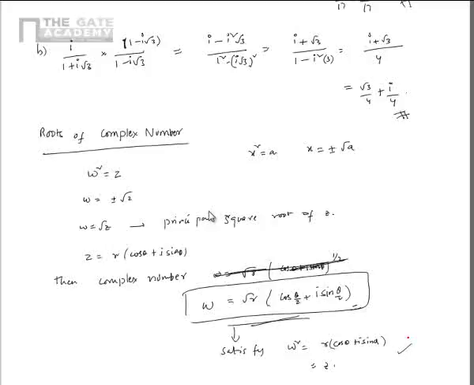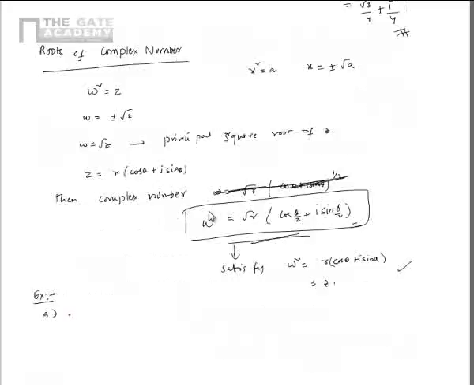Just to simplify ideas, let's take some examples. Say root 4. It's better to represent in polar form, so I can write cos 0 + i sin 0. Then root 4 times (cos 0/2 + i sin 0/2) will be 2.